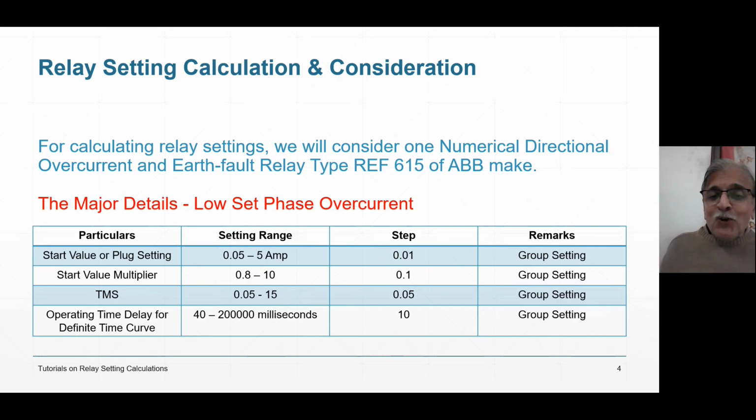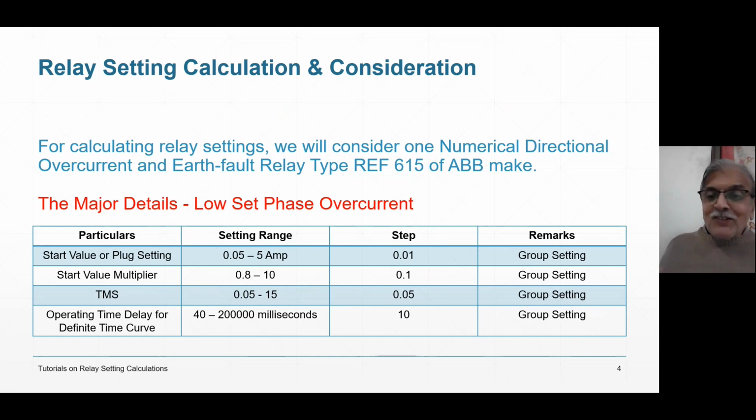And step is 0.01. In 50 to 200%, after 50, there was only 75. Here, after 0.05, there is 0.06, 0.07. I cannot calculate up to 5, because that itself will take 1 hour. 0.05, 0.06, 0.07, 0.08, whatever you want, you can set.